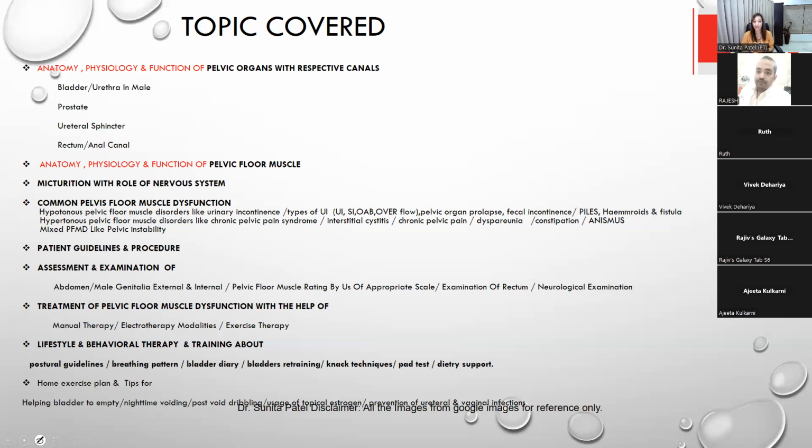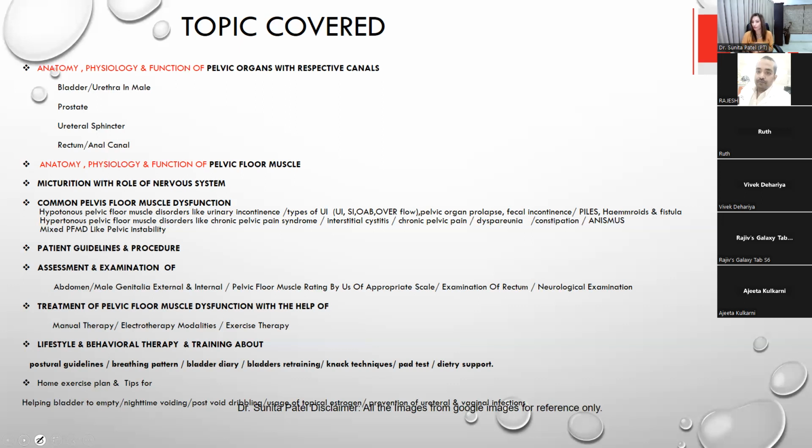For the pelvic floor muscle, after that palpation, we have to use a lot of rating scales. There are 2 to 3 rating scales the whole world is using: the Oxford MMT grading system, and with that, there's another system, the PERFECT scale, which is used by all the pelvic rehab therapists across the world. After that, there are also 1 or 2 scales which I have created, and I will also give you an understanding of those scales.